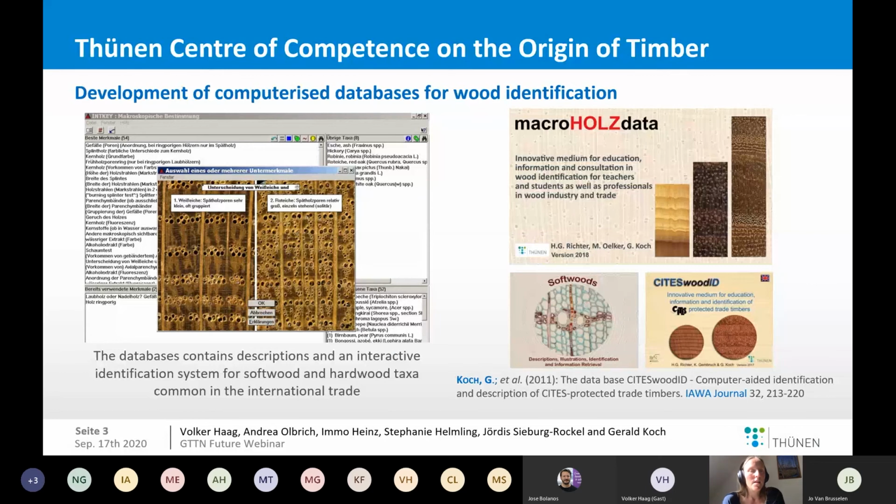Our department developed a lot of computerized databases for wood identification, and most of these databases are for specialists.